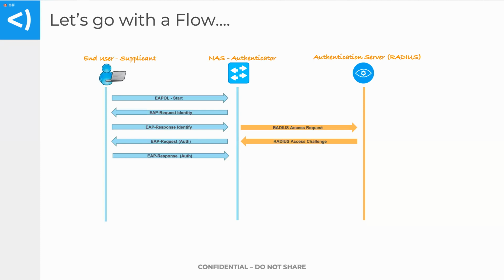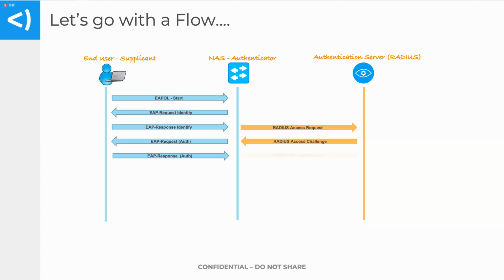The supplicant will respond using the EAP response with the authentication information, which the authenticator will forward back to the Radius server. The Radius server on the back end will communicate with your AD, or whatever kind of directory services you're using, and validate that information to make sure that the supplicant that is connecting is an authorized supplicant.